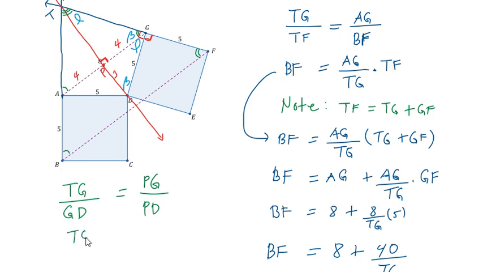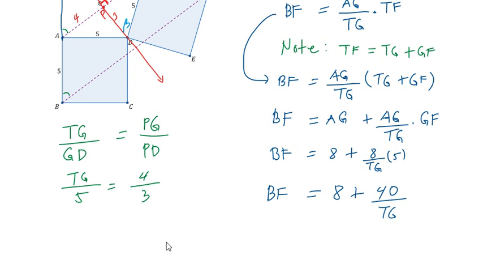So, TG divided by GD, GD is 5, PG is 4, and PD is 3. Solving for TG, we obtain TG equals 20 over 3.